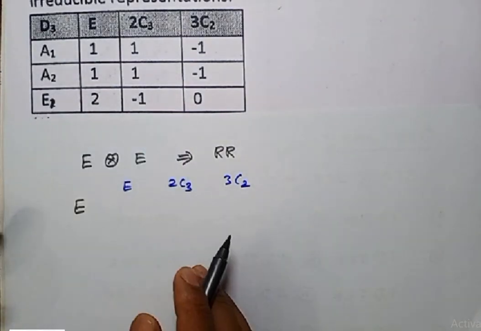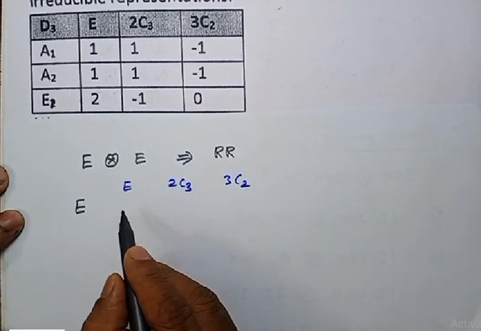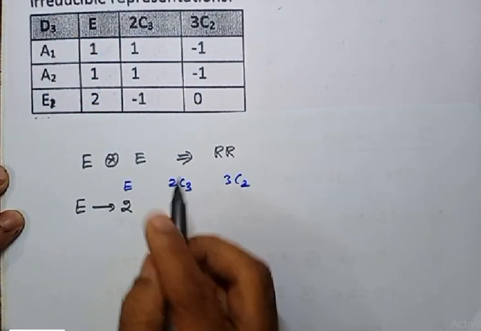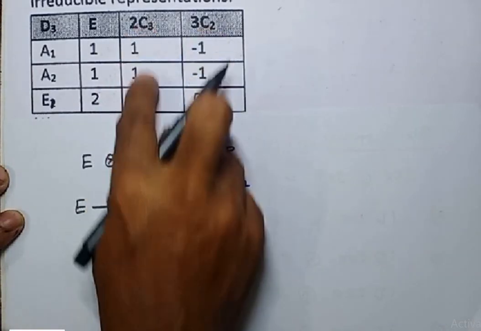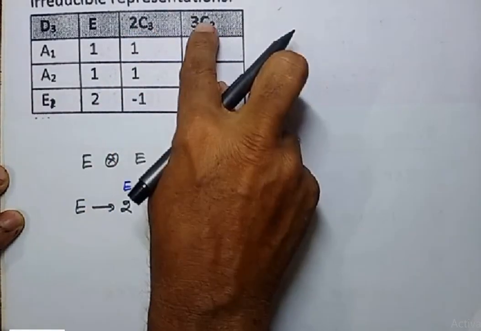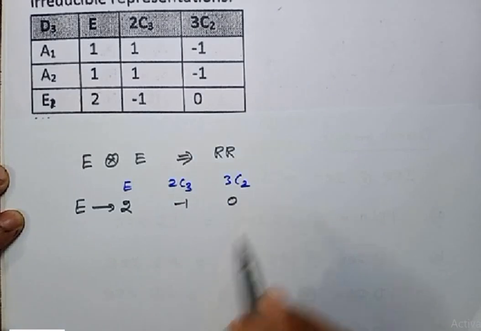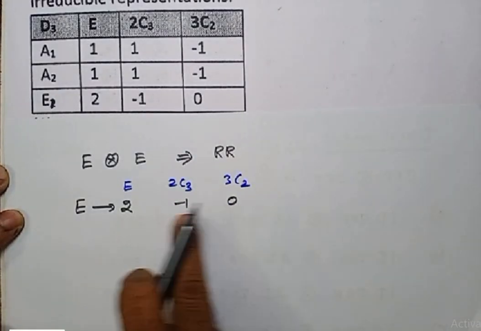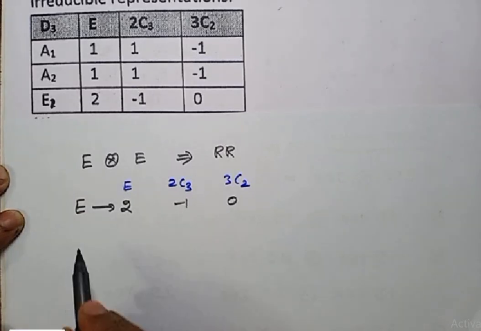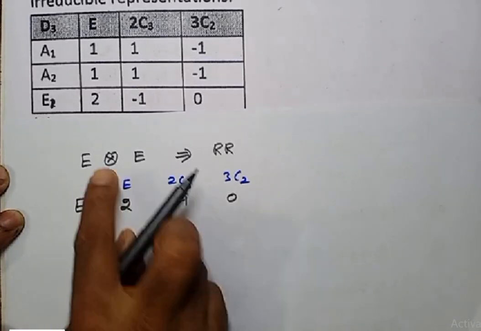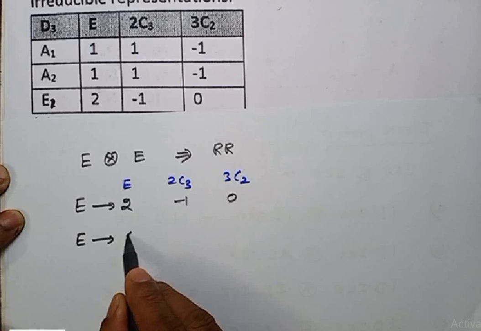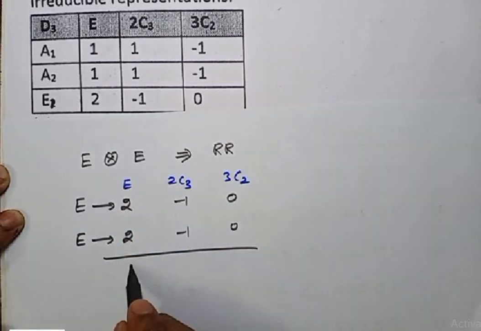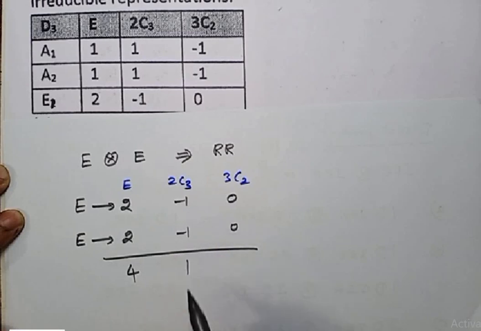Let me write E. Along E, the identity operation has character 2, class 2 has character -1, and in class 3 the character is 0. These are the irreducible characters of E. Now you take another E, because we are going to multiply E and E. So you take another E, 2, -1, 0. Multiply them. 2 into 2, 4. -1 into -1 is +1.